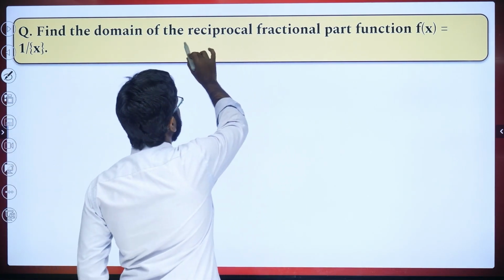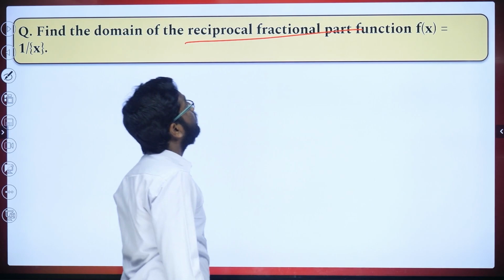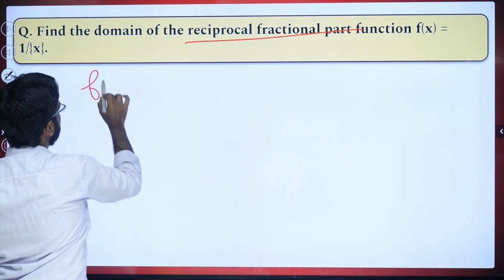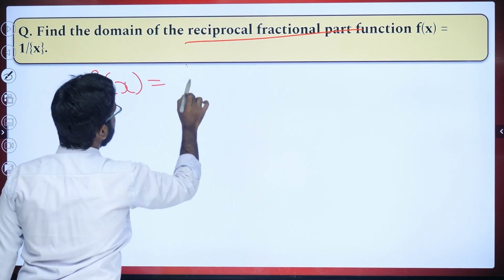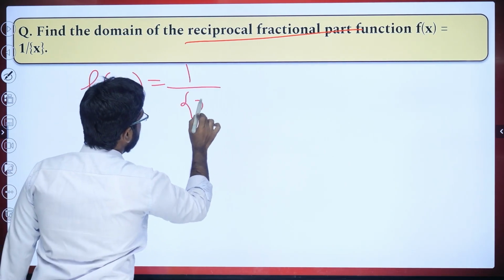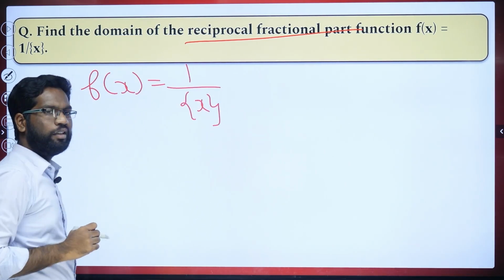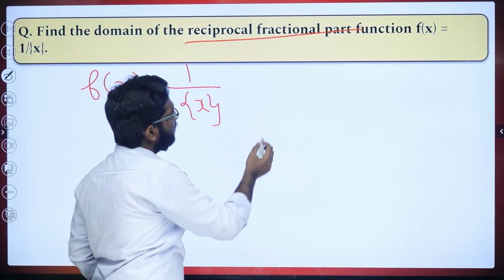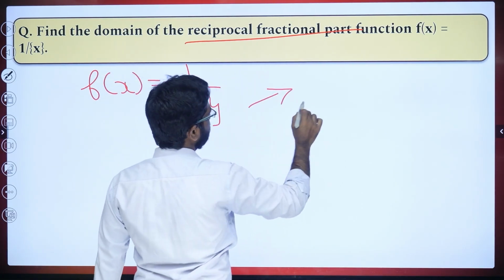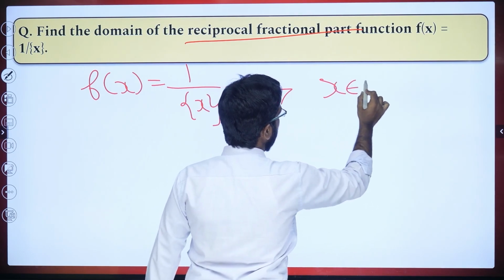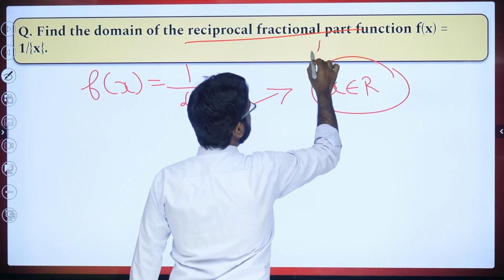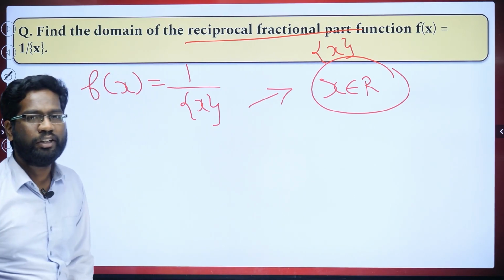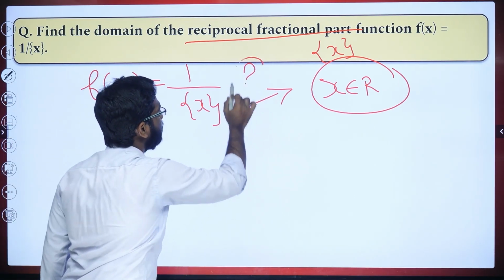Find the domain of the reciprocal of the fractional part function, where f of x equals 1 divided by the fractional part of x. What is the domain, my dear students? Already I have said the domain of the fractional part function is x belongs to R. But here they have given you the reciprocal.